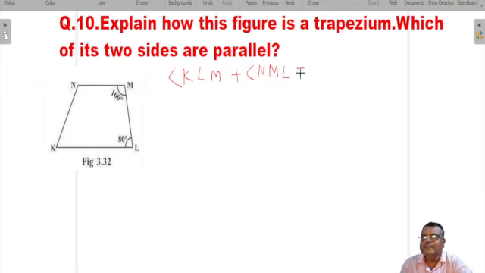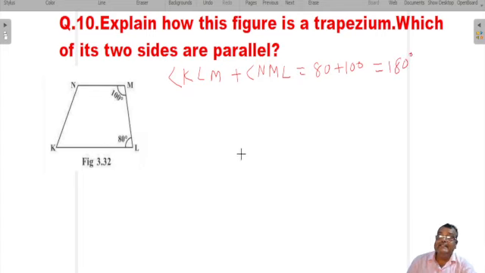Let us see its value. So 80 plus 100 is equal to 180 degree. Means the sum of adjacent angles is supplementary.